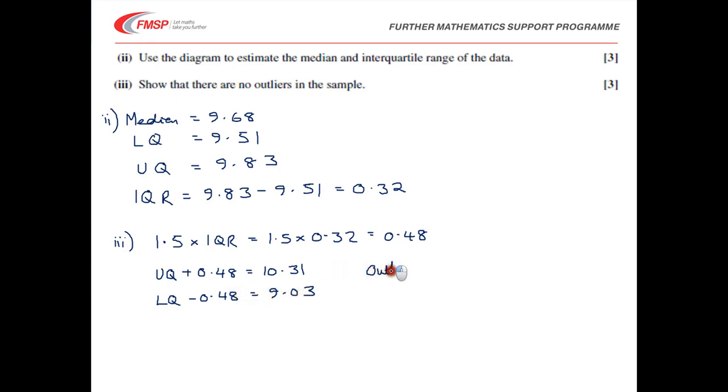And they are outliers if above 10.31 or below 9.03. So there are no outliers in the sample.